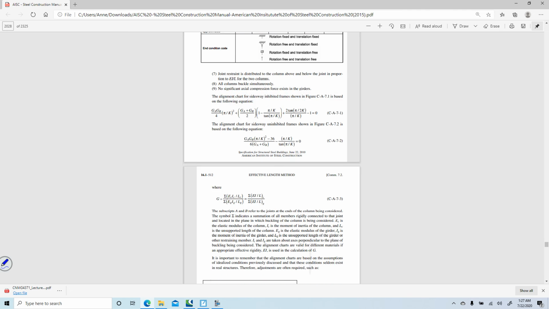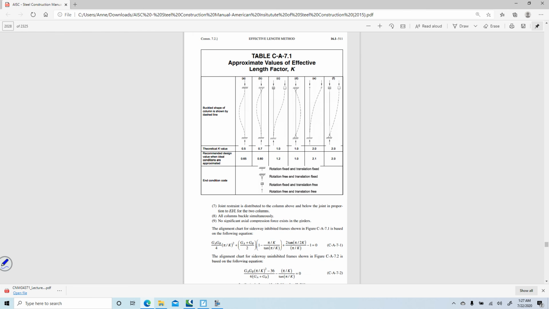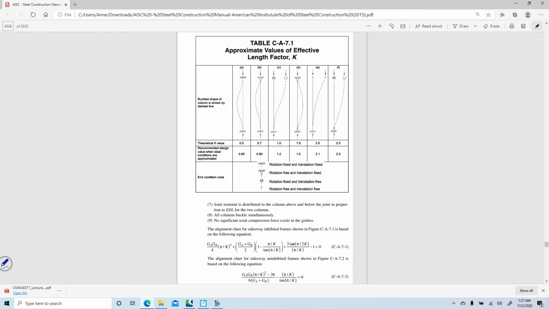Remember, I'm looking at a different edition, so it's a different page number.